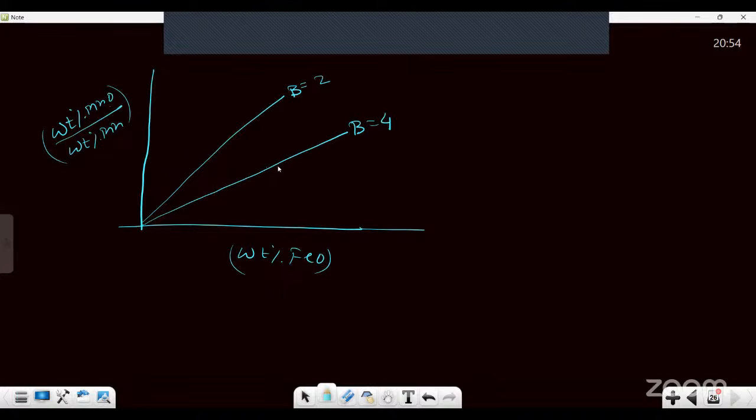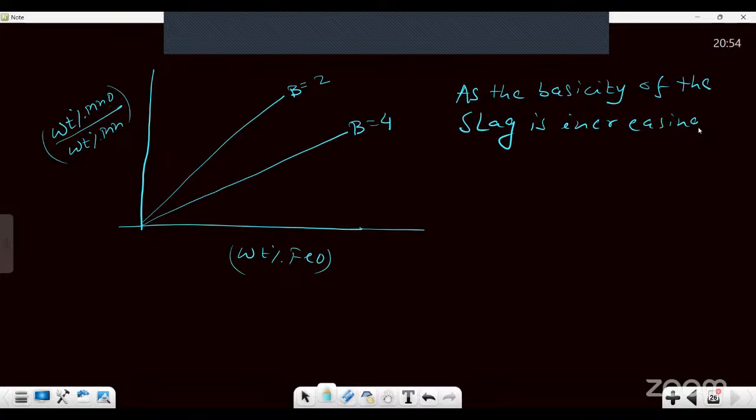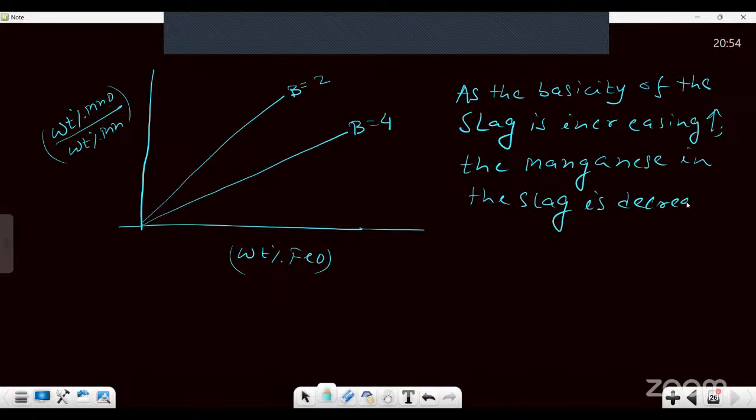So as the basicity of the slag is increasing, the manganese in the slag is decreasing. And vice versa, this we can basically say from here.